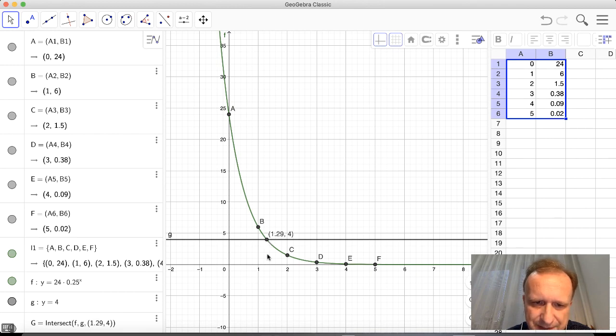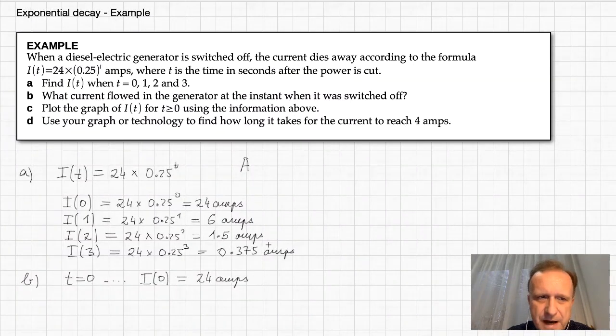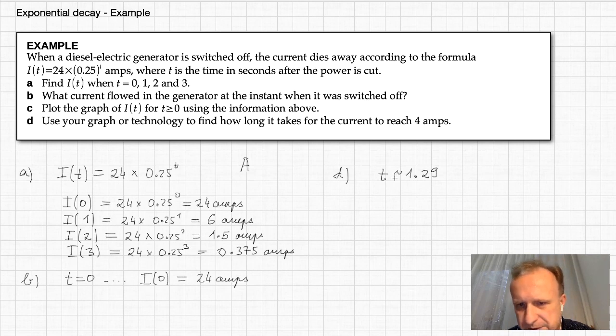So it tells me that at time 1.29 units the current reaches the value of 4 amps. So the answer is t equals 1.29. So for part D, I have the answer obtained from the graph that t should be 1.29. Well, this is actually just an approximate answer, and therefore let me use this symbol to write it down. So this concludes this exercise.